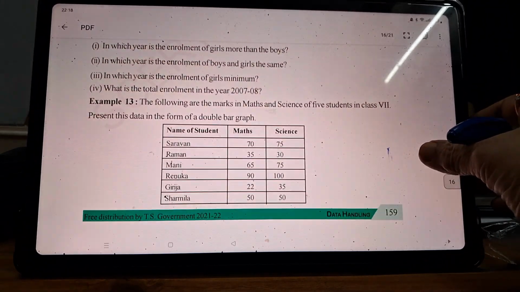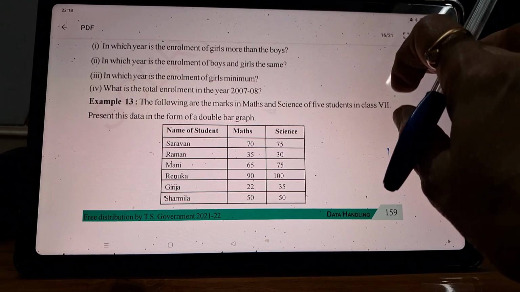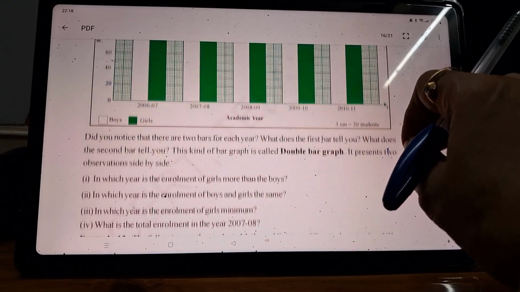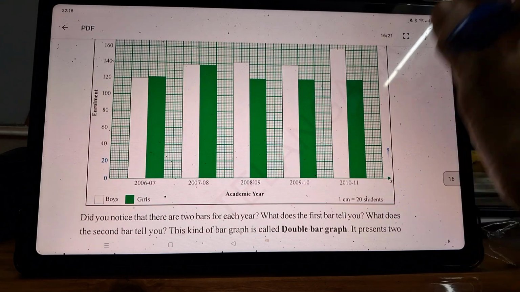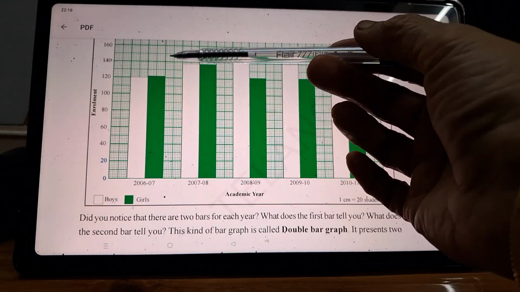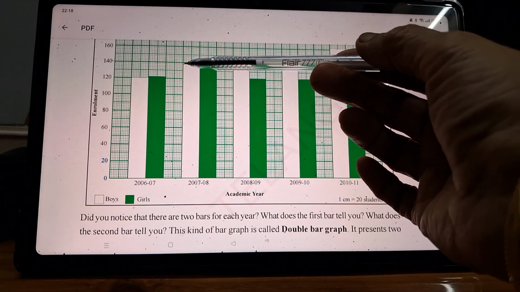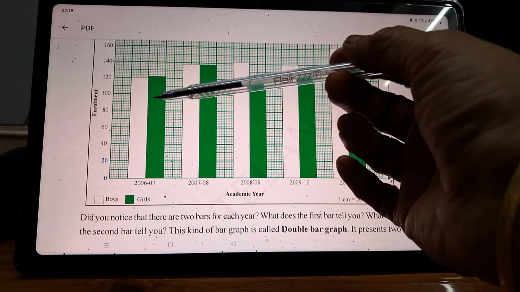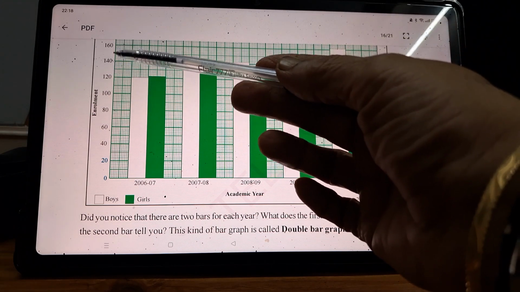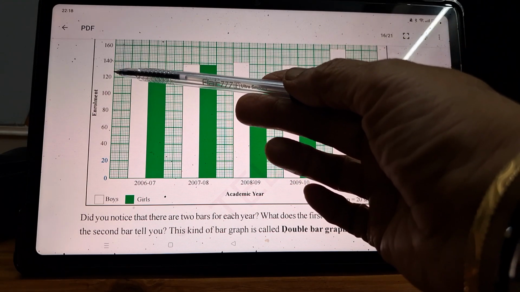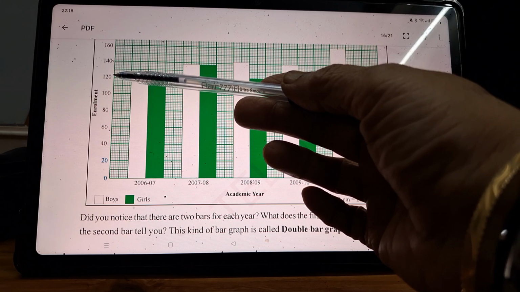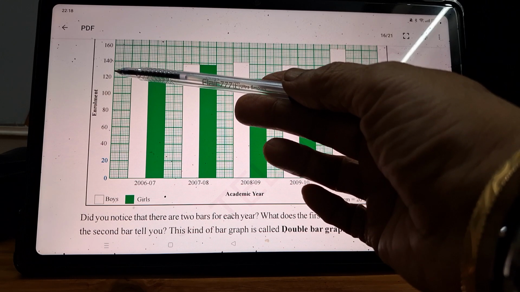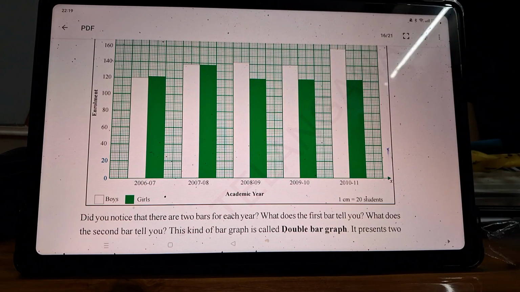Next question. What is the total enrollment of the year 2007 and 8? See children, here total enrollment in 2007 and 8 should be considered as 138. Why? Because the difference is 20, so each one should be considered as 2 units. 122, 124, 126, like that if you take.